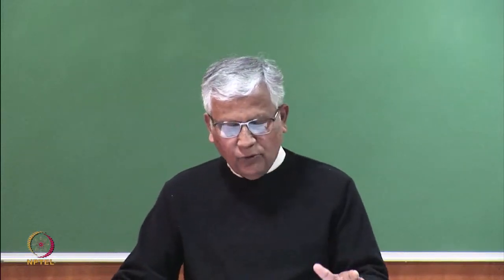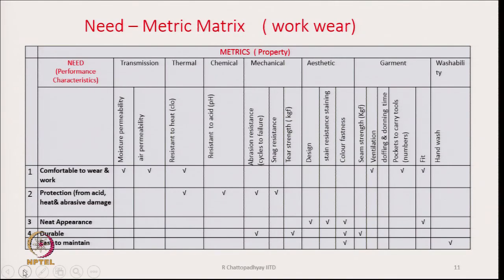So, if you look at this table, needs are listed on the very first column. 1, 2, 3, 4, 5 needs are mentioned here, and the rest of the columns are different metrics or properties of the product. So, we are trying to relate each of these needs with the property.